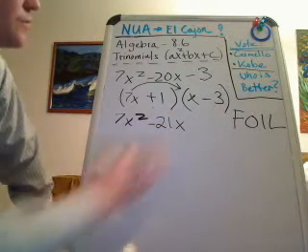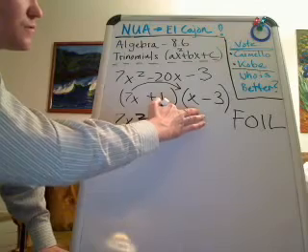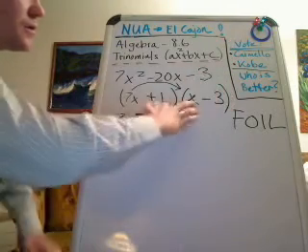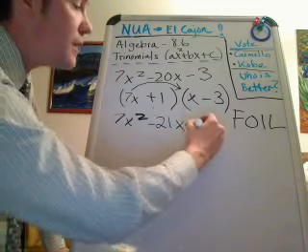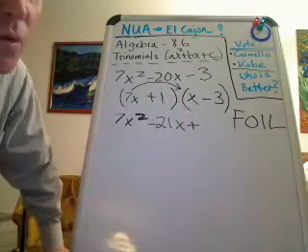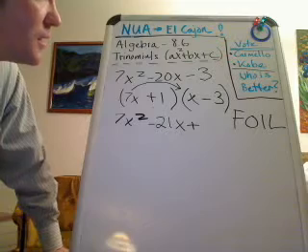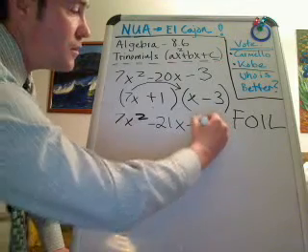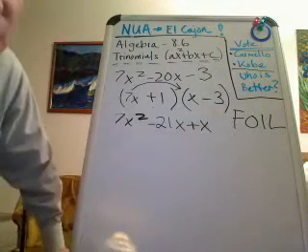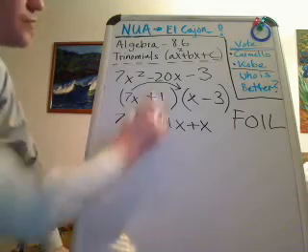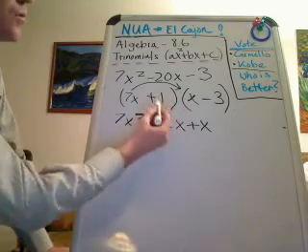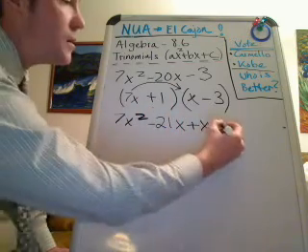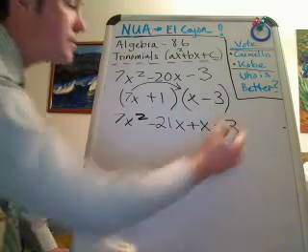And my inside terms, 1 times x is positive x. I could put the 1 there, I don't need it there, because any x by itself, we know it has a 1 in front of it. And then finally, the last terms, 1 times a negative 3 is a negative 3.